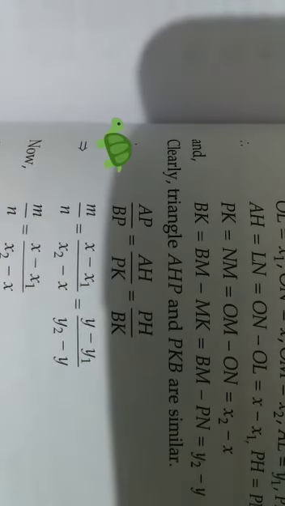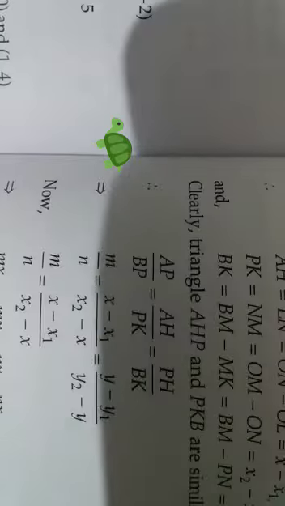Here we have taken this as m and this as n. So now look here, m by n is equal to (x minus x1) by (x2 minus x), which is equal to (y minus y1) by (y2 minus y).